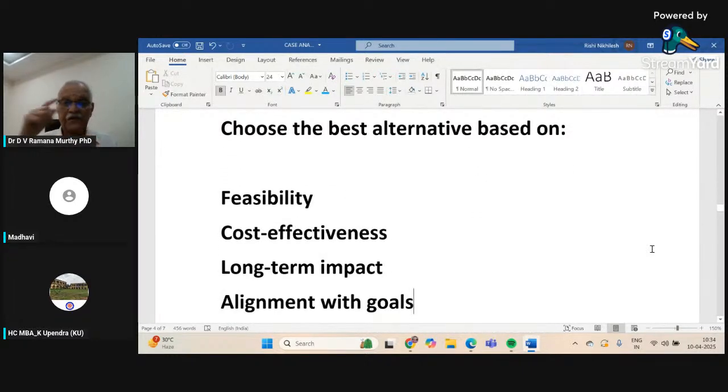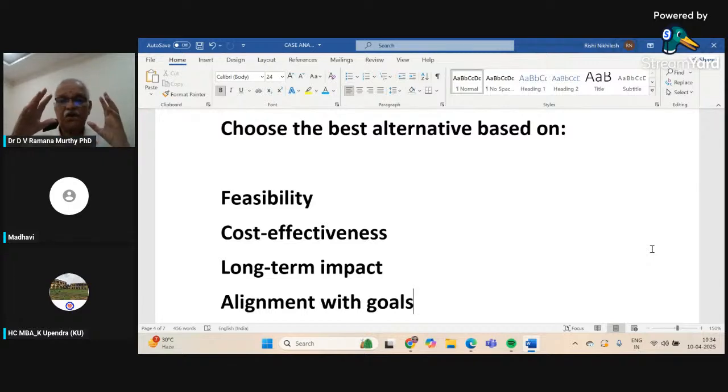I have already told you, any alternative that you suggest must be implementable. It must be feasible. Don't give a solution which is not at all implementable, which is not flexible enough, where a lot of problems are there, and which will not align with the goals of the organization.